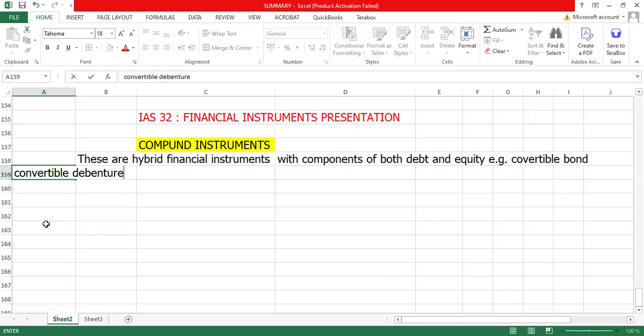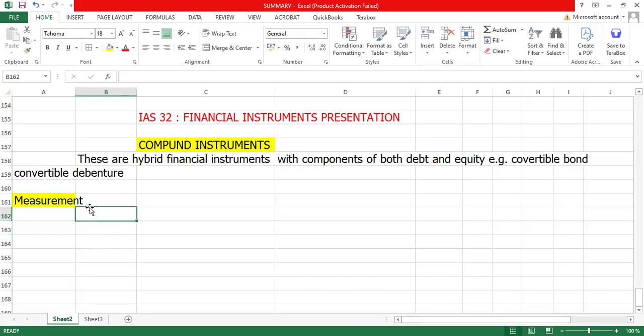Okay, so these ones are measured at what? The measurement criteria: initially this standard called IAS 32. Now here you're not talking about IFRS 9. You need to differentiate. Here you're talking about IAS 32.